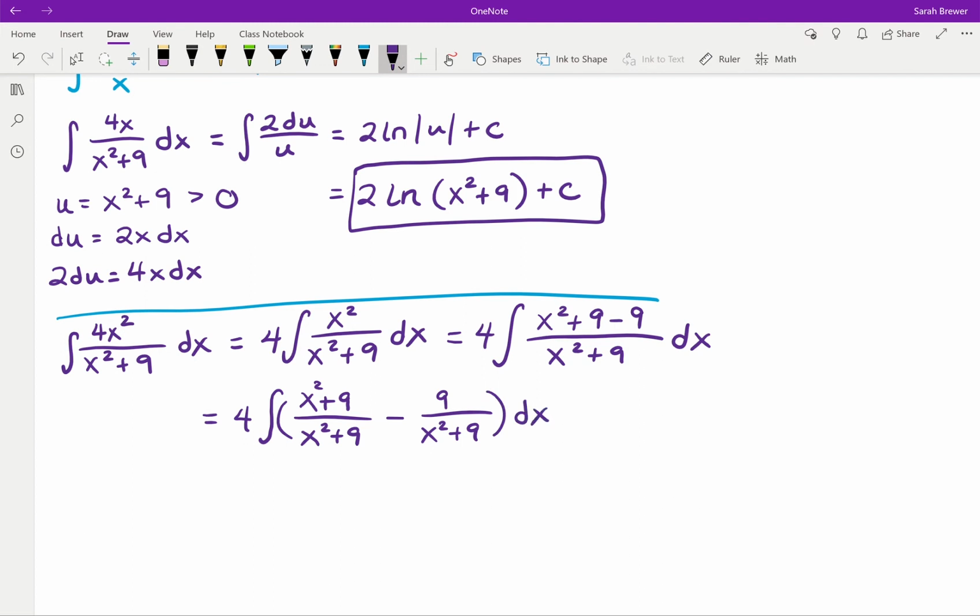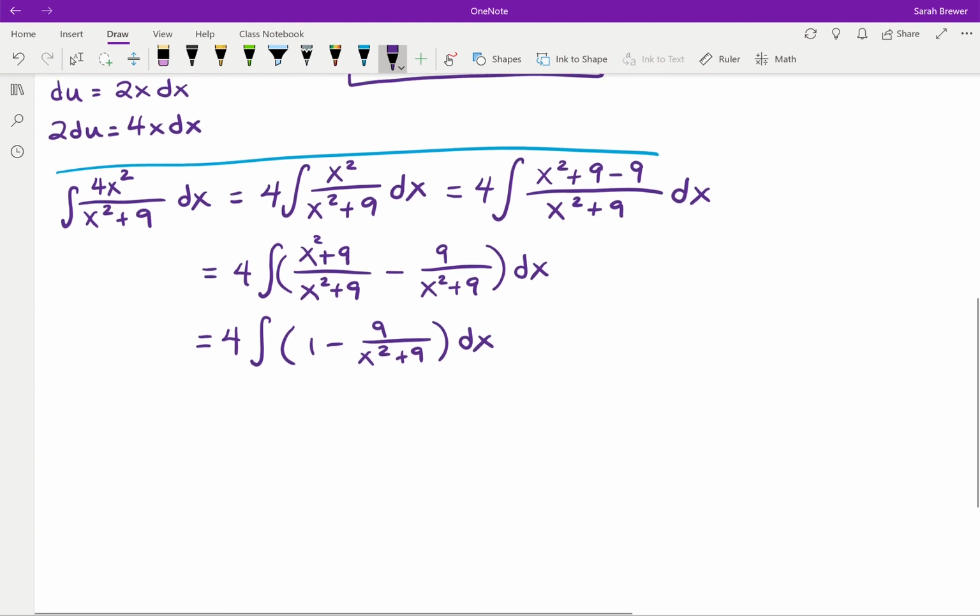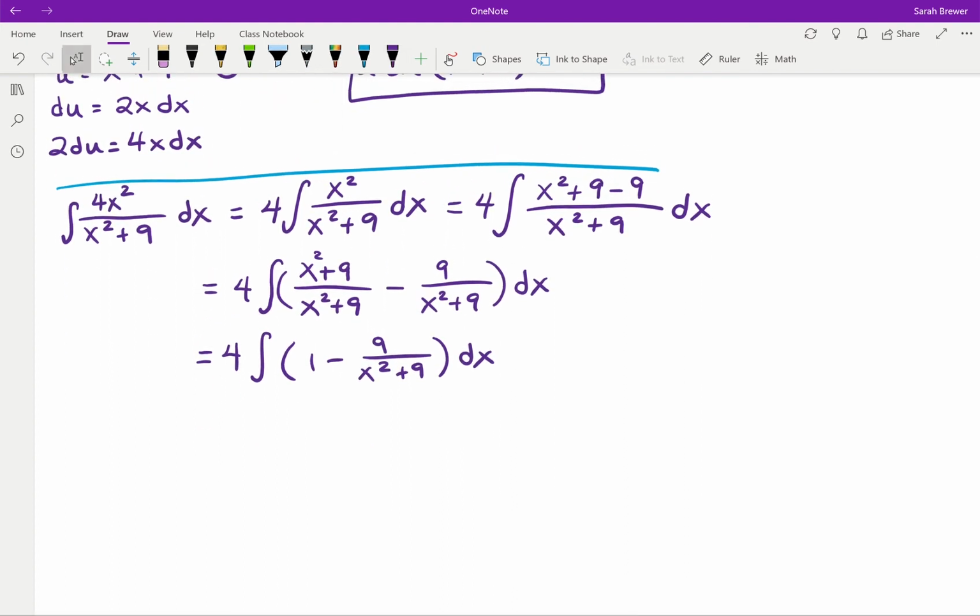And x squared plus 9 over x squared plus 9 is just 1. And so what we have then is 4 times the integral of 1 minus 9 over x squared plus 9 dx. And so hopefully we know how to integrate 1, right?